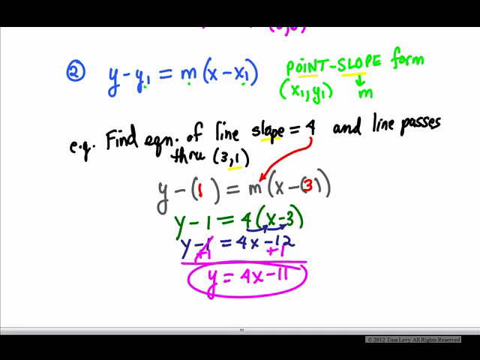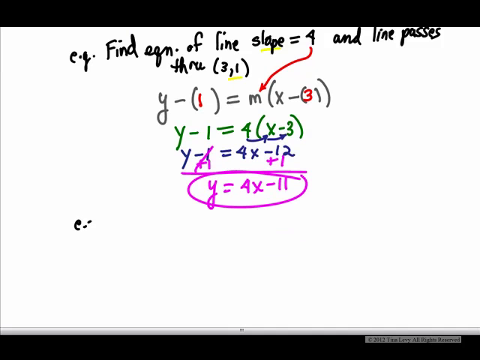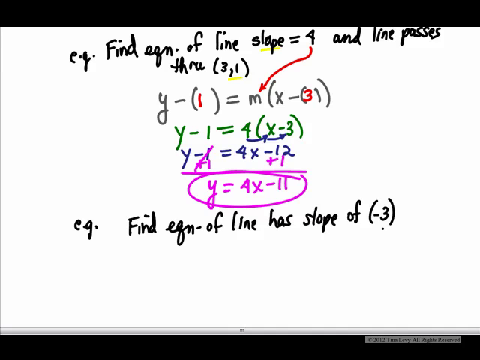Working another example, sometimes you'll be asked to find an equation where I tell you the line has a slope of negative 3 and the y-intercept is 0, negative 4.